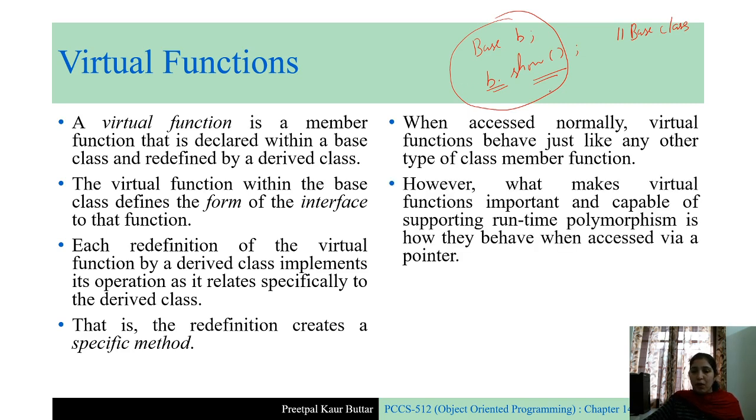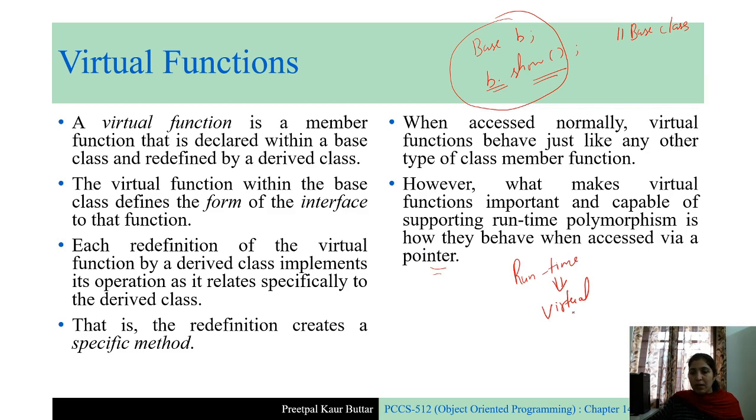However, what makes virtual functions important and capable of supporting runtime polymorphism is how they behave when accessed via a pointer. Okay, so how do we achieve runtime polymorphism? We achieve runtime polymorphism or runtime binding through virtual functions.